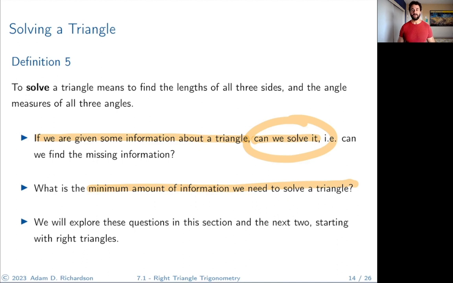This is something we'll explore more in sections 7.2 and 7.3. So we're going to explore these here and in the next two sections of chapter 7. We're going to start with right triangles now, and then in 7.2 and 7.3, that's when we extend it to non-right triangles.